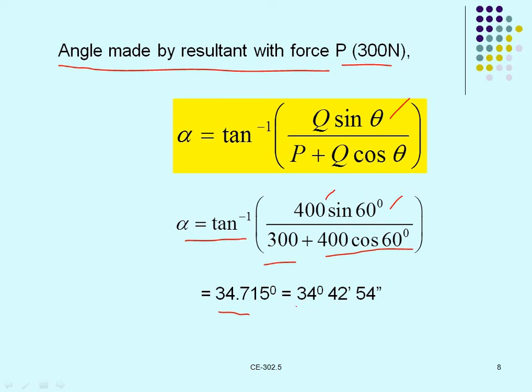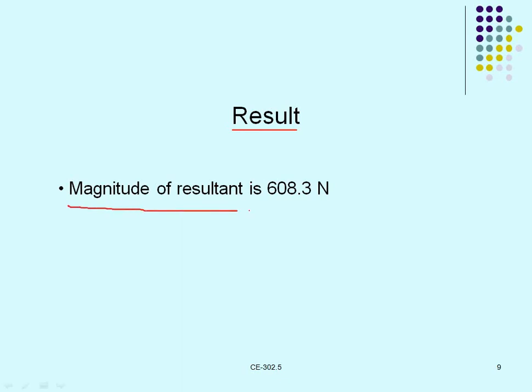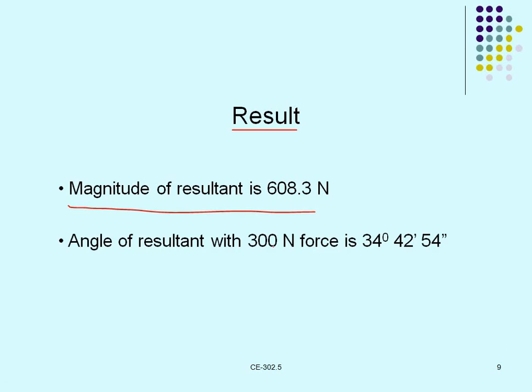Pressing the degree symbol in the calculator, it is 34 degrees 44 minutes 54 seconds. So the result: the magnitude of resultant is 608.3 newtons, whereas the angle of resultant with the 300 newtons force is 34 degrees 42 minutes 54 seconds.